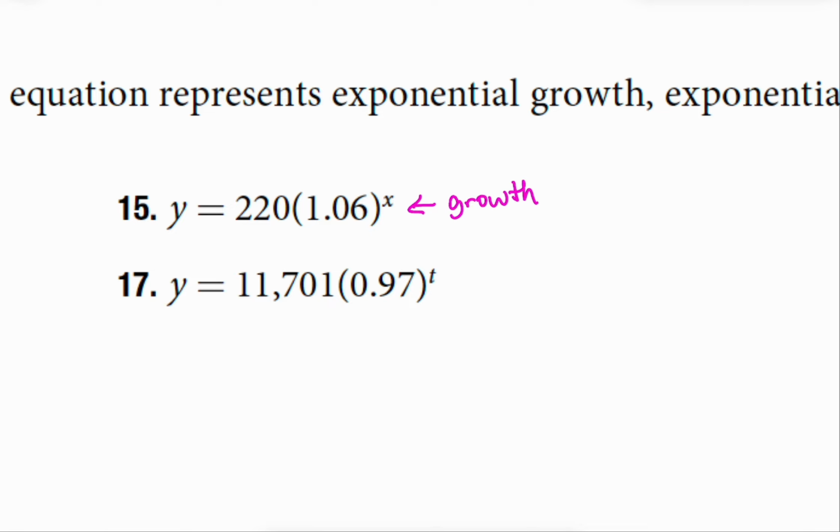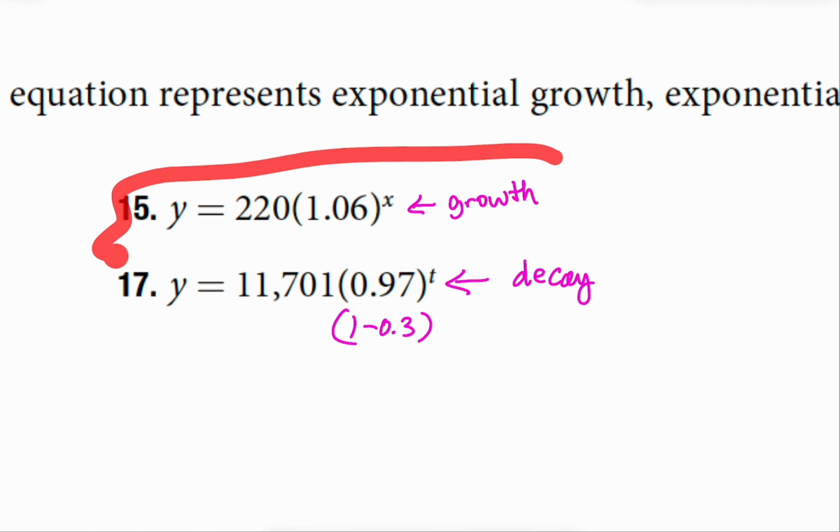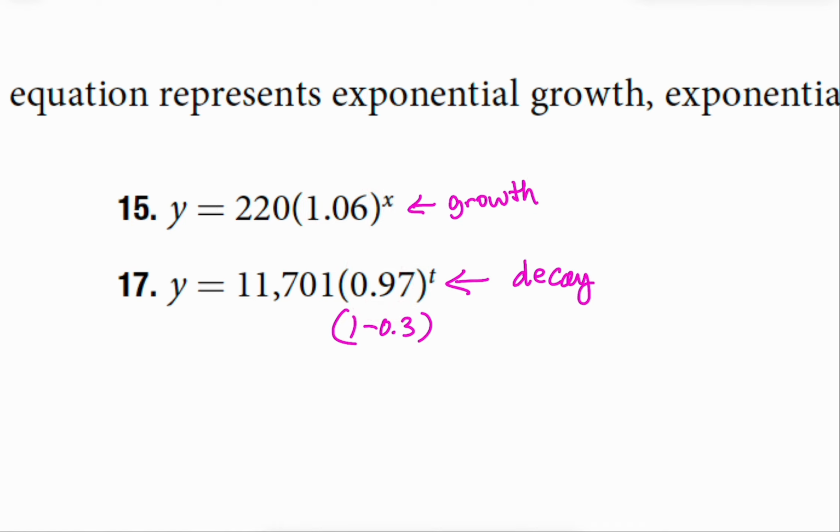It's growing by 6% for whatever time frame they're using. But since this one right here is less than 1, it's actually 1 minus 3%, or 1 minus 0.03. The rate is a 3% decline. This is a decay.